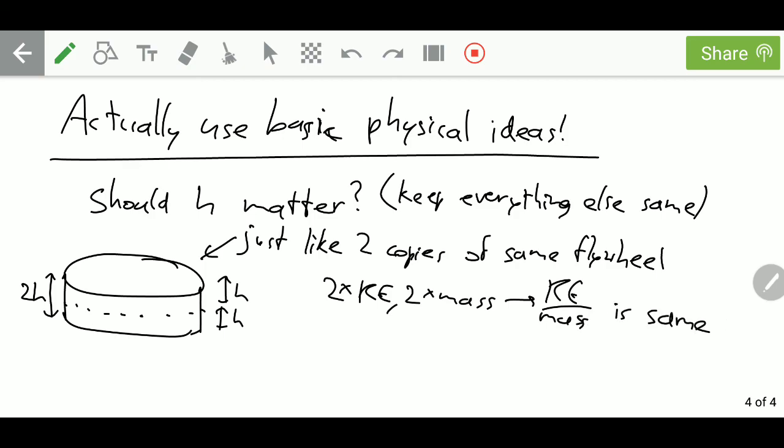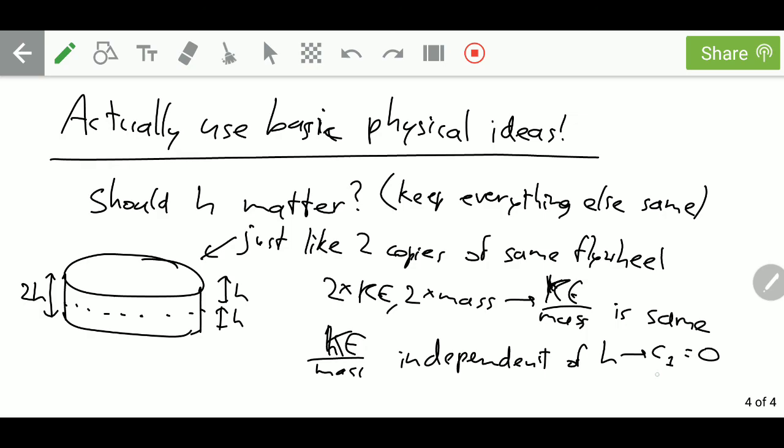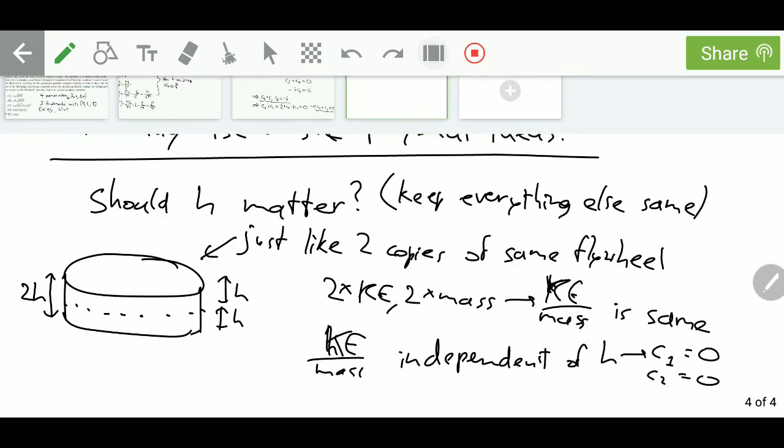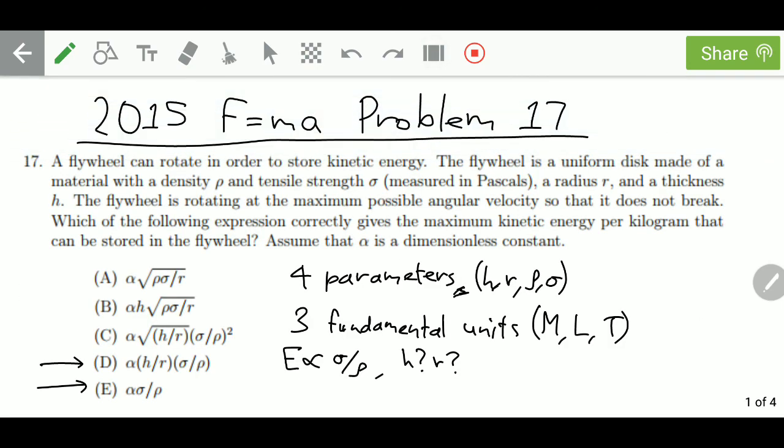And thus, it means that the kinetic energy per mass is independent of h. And thus, we know that c1 should be 0, meaning that c2 should also be 0. And this will answer our question. We should not use D, and we should instead use E.